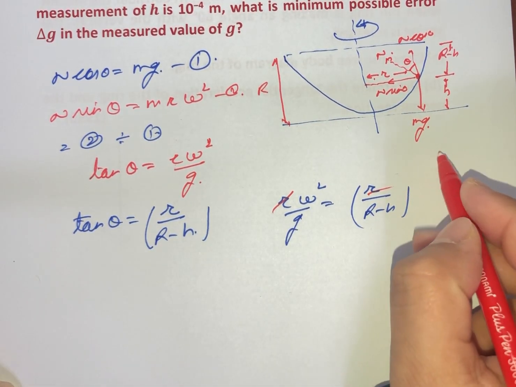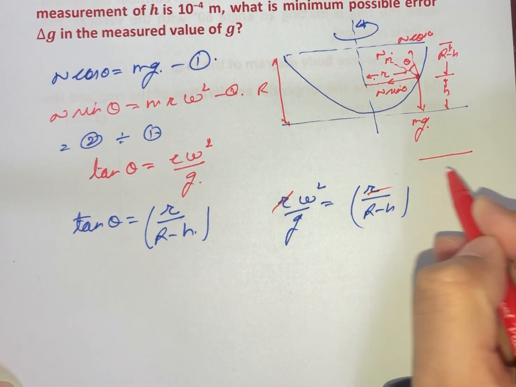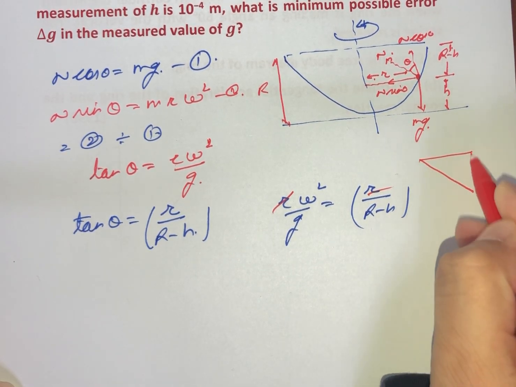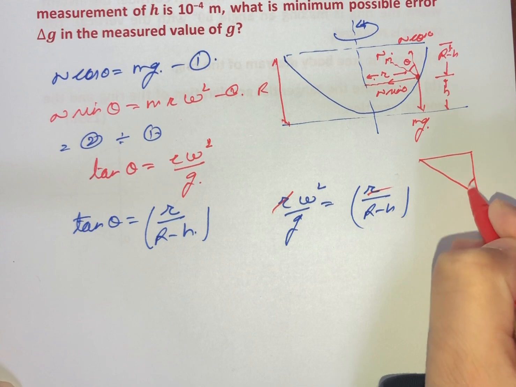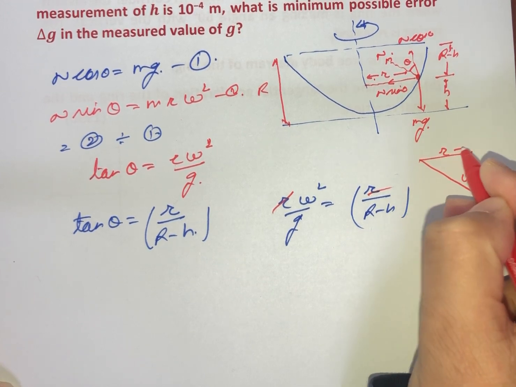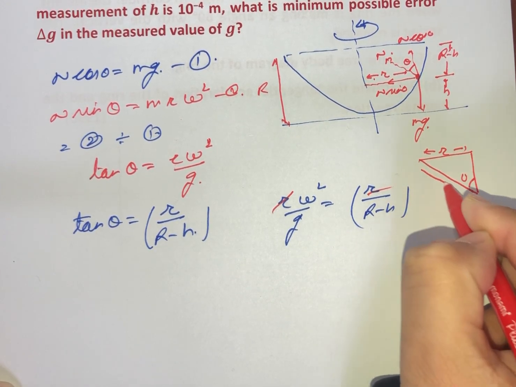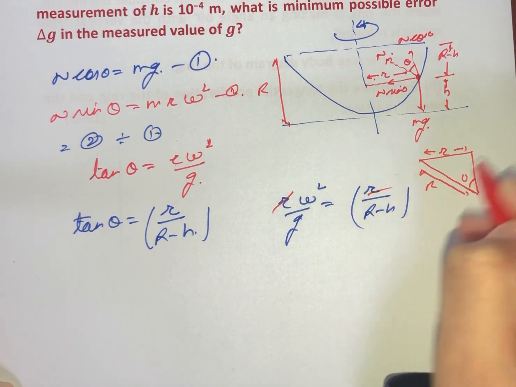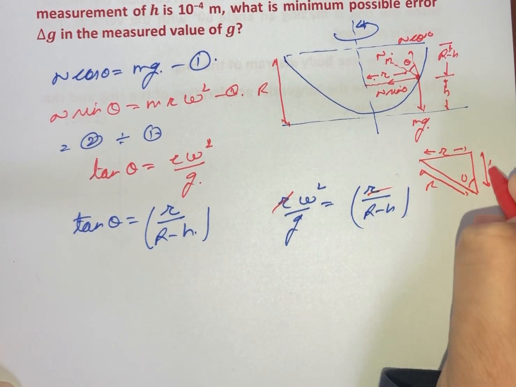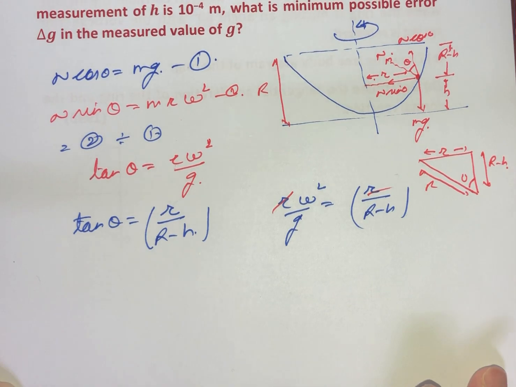You can just show this like this. So this is angle theta, this is small r, and this is capital R, and this is our R minus h. So tan theta will be equal to this value.